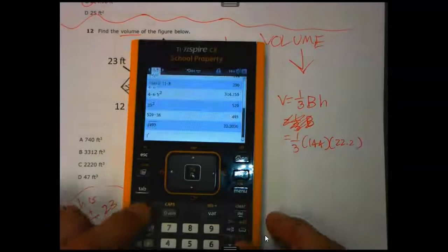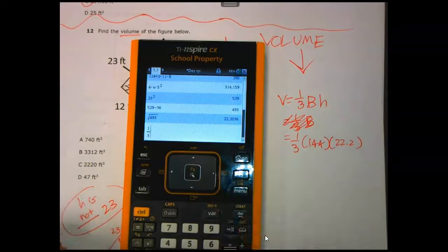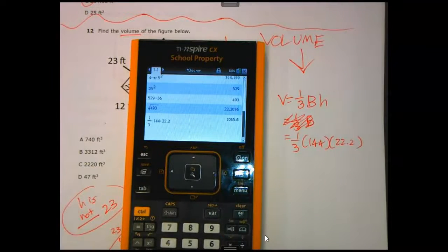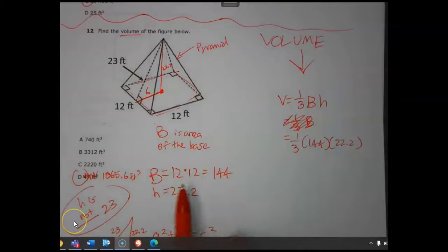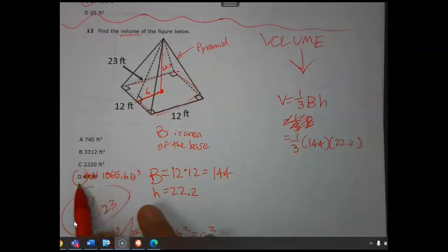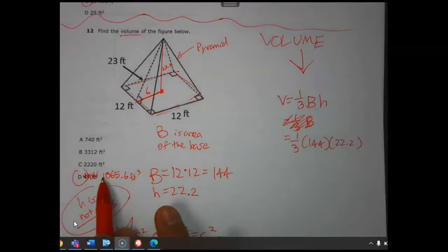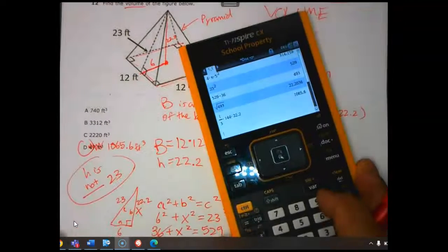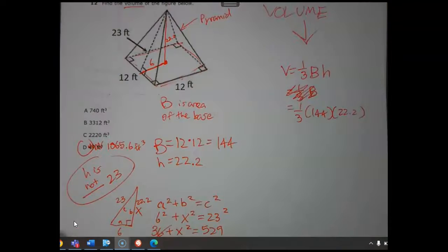So 1, control divide 3, go to the right, 144, 22.2, gives us 1,065.6. Once again, I'm going to have this fixed on the document you have, but we'll go with letter D. It's supposed to be 1,065.6, and we did all the work right, and that's what it looks like. Okay, moving on.